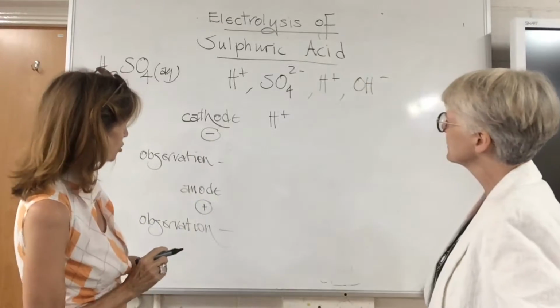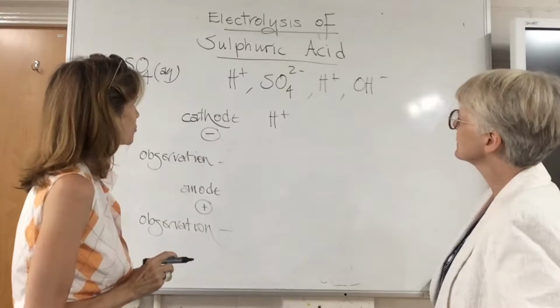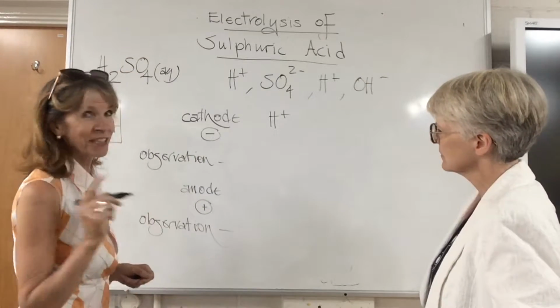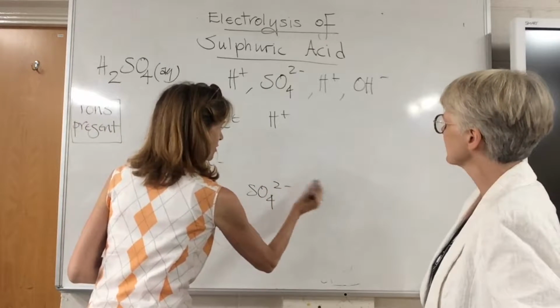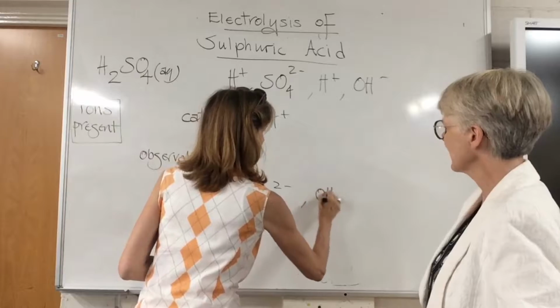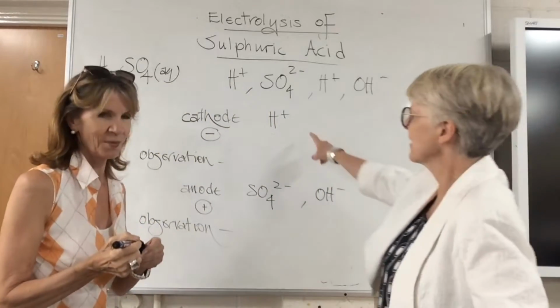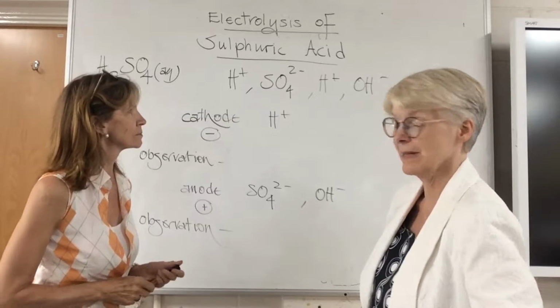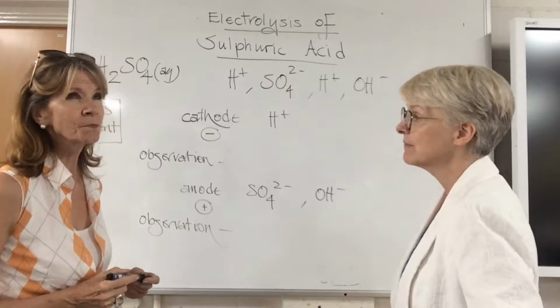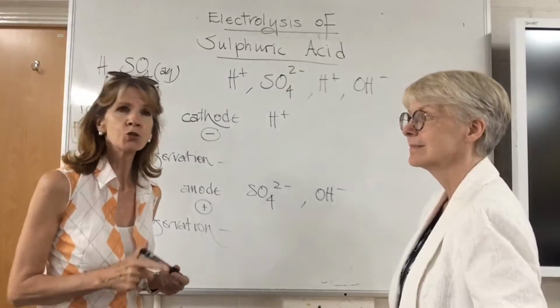The anode will attract anions, the negative ions, so it will be the sulphate and the hydroxide. We'll come back to those in a minute. The cathode is clearly going to be easy because there's only one thing that could possibly be discharged, and that is hydrogen.